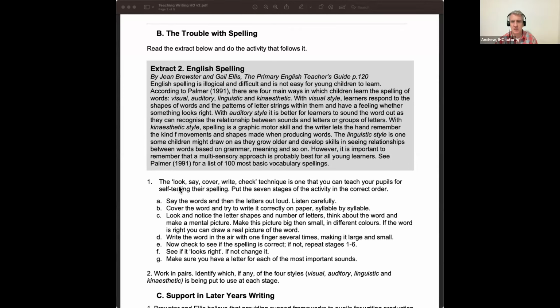There's actually a clue in the name of the activity. Look, say, cover, write, check. Think about that when you're trying to order these stages.